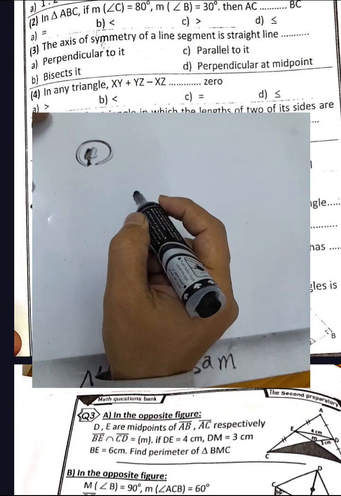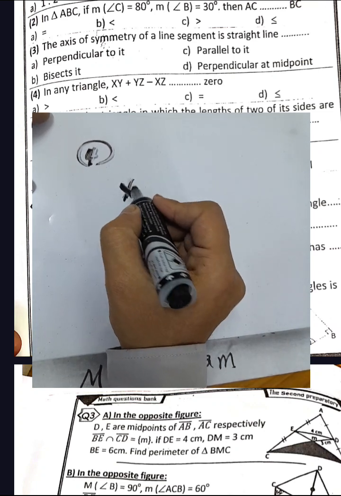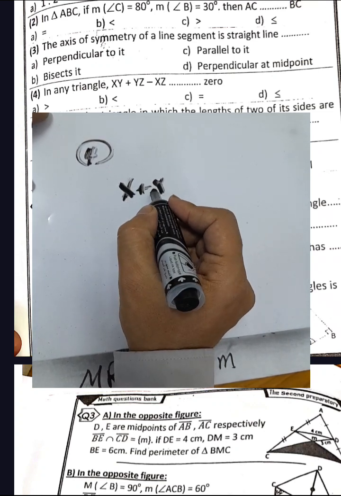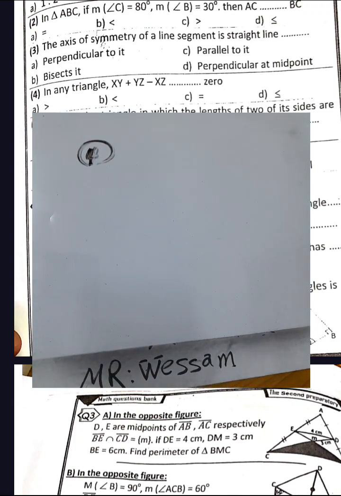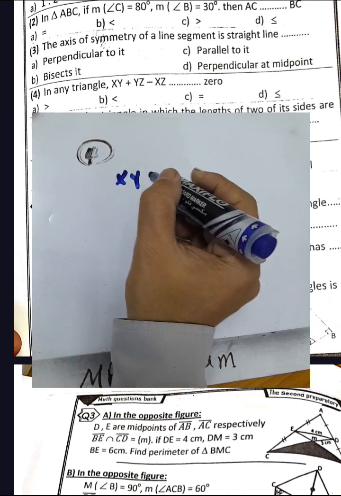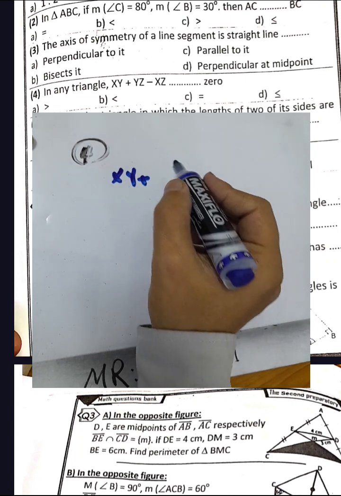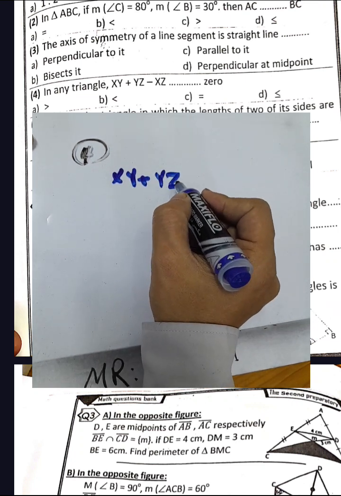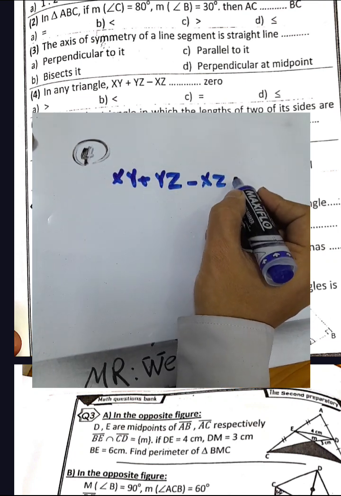In any triangle XY plus YZ subtracted by XZ, compare with 0.